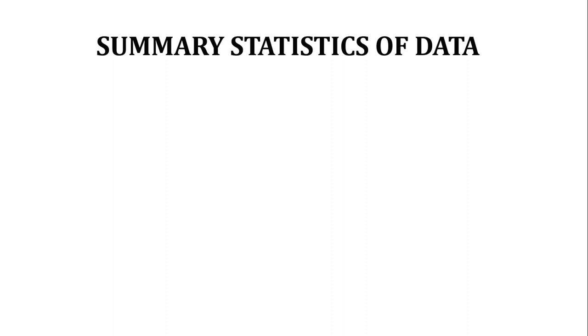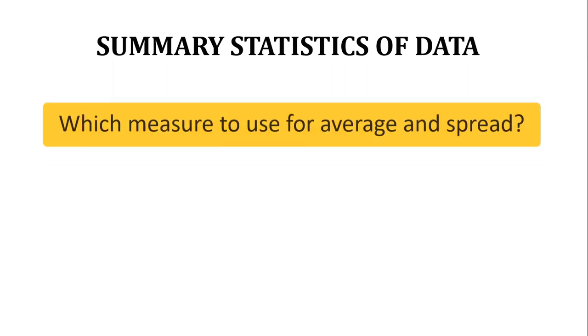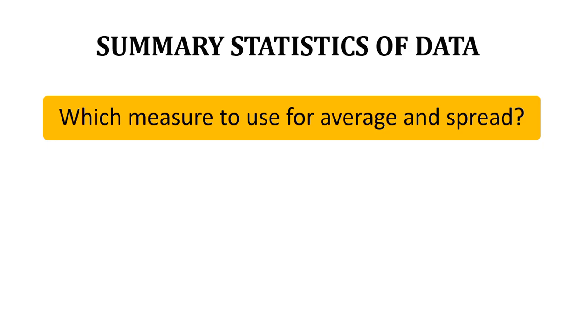For example, the first-hand information we try to collect from the data is summary statistics. In summary statistics, the first thing we generally come across is the average of my variable or my data. But this average calculation is purely based upon the measurement scale of your data.